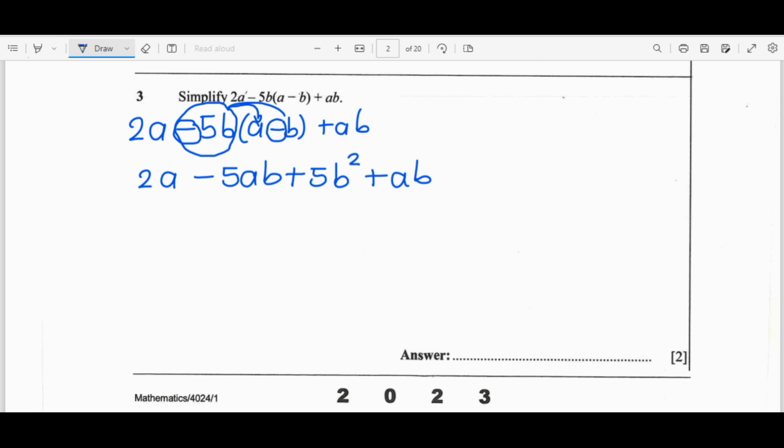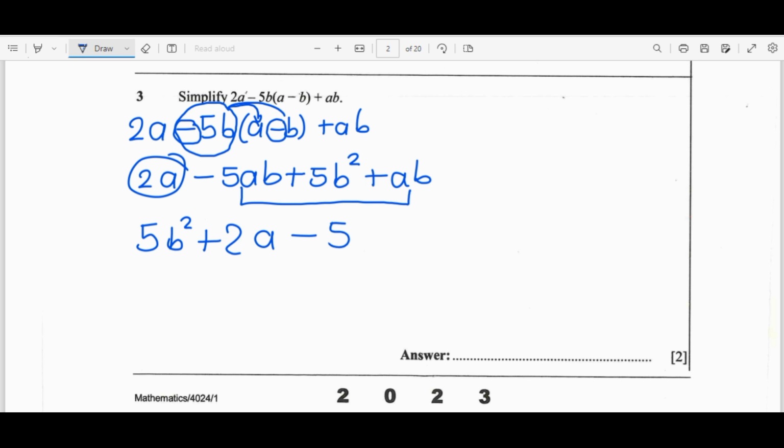Then we need to look at the like terms, so these two are the like terms. So I can begin with 5b squared plus 2a, minus 5ab plus ab. We know that for different signs we need to subtract. 5ab minus ab is 4ab.